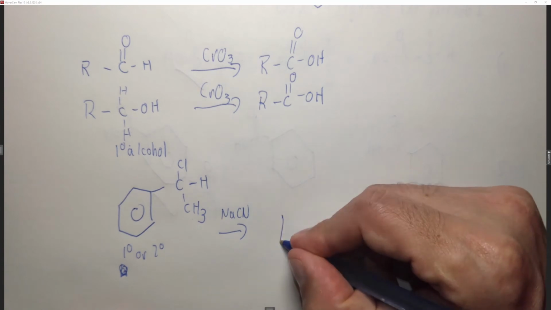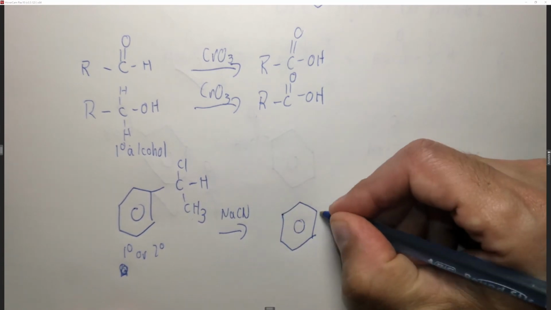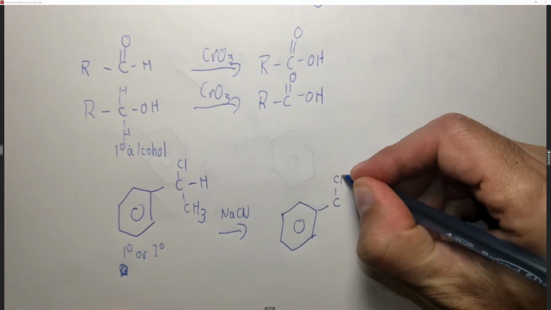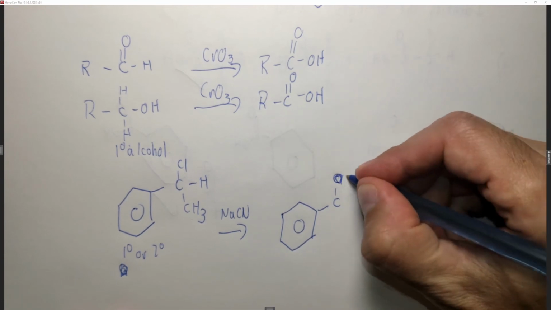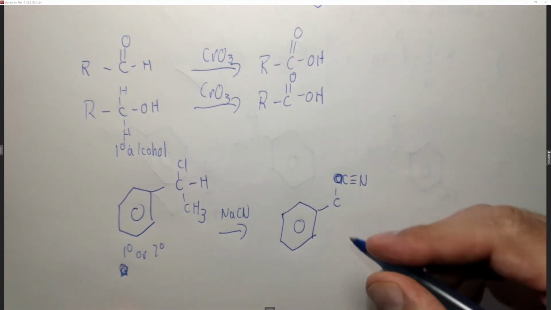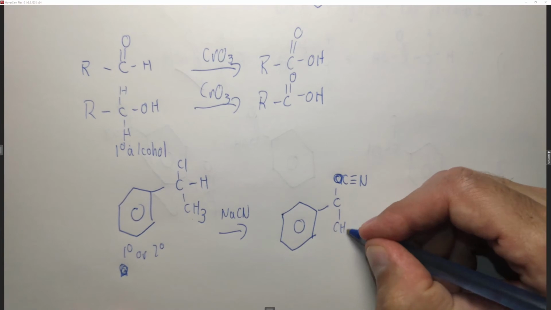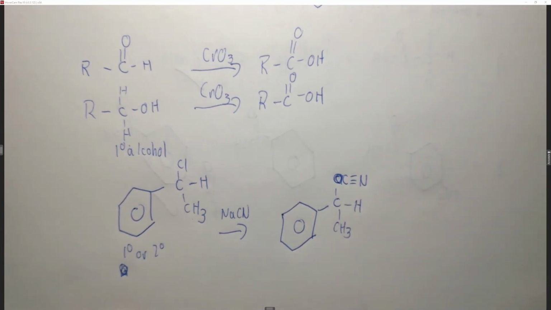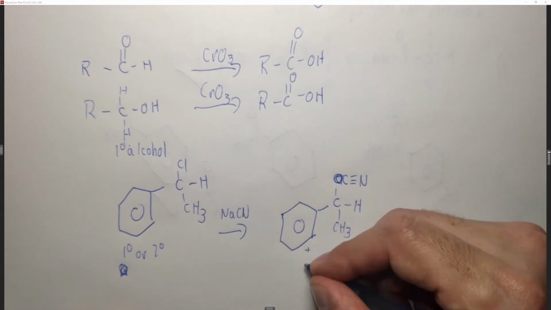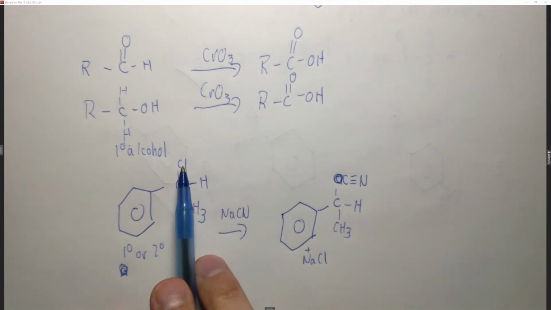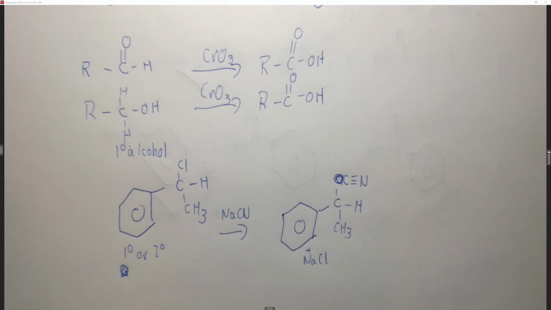And what you end up with is the nitrile. So we end up with C triple bond N, or just CN. The CH3 goes along for the ride, and the H goes along for the ride. And then we would get, in this case, as the byproduct, NaCl, because the Cl comes off, and there's a sodium that was originally with this cyanide.